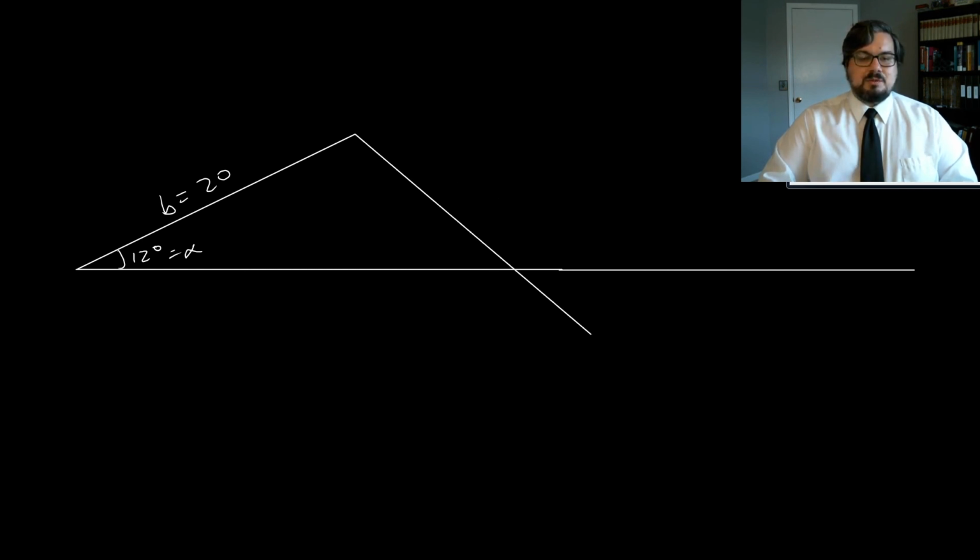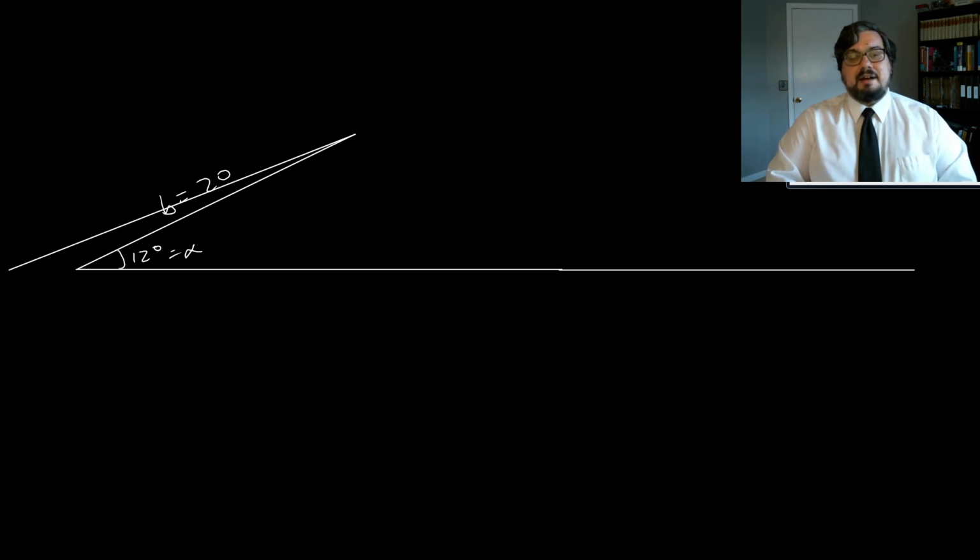But if we try swinging things around and getting a second triangle the way that we did in the third example, then it doesn't actually come back up to meet the horizontal line until way back here. And so that means that if we took this situation, then our original alpha wouldn't be an angle in the triangle, and so it doesn't work.